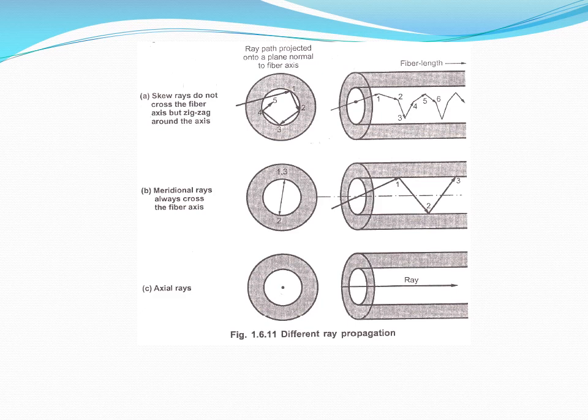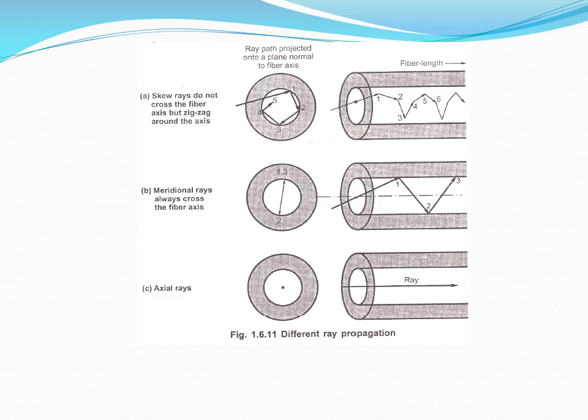Then axial rays. The axial ray is a single ray which is propagating along the fiber core axis. It is just passing along the fiber core axis and is not performing any sort of reflection. So here the meridional ray is zigzag, and this is a straight path. Due to the straight direction, the information transferred will be very fast.